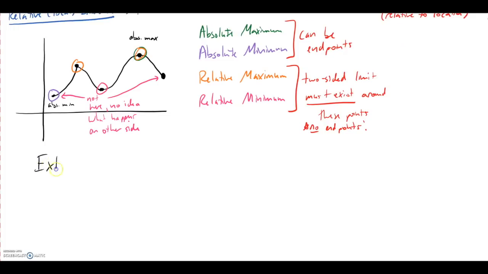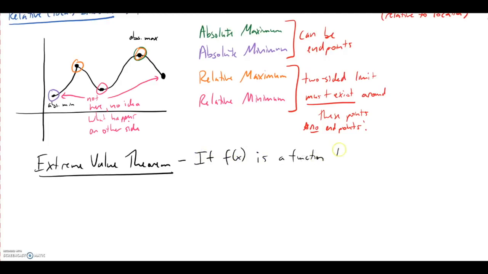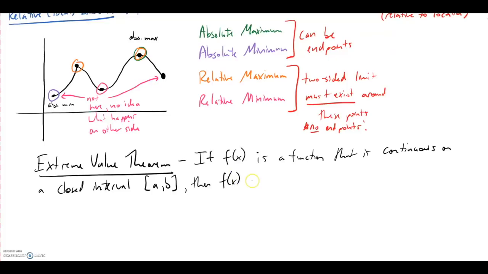And that brings us to the first big new concept in this video, the extreme value theorem. Which states that if f of x is a function that is continuous on a closed interval, we'll call it a to b, then f of x must have both an absolute maximum and an absolute minimum.